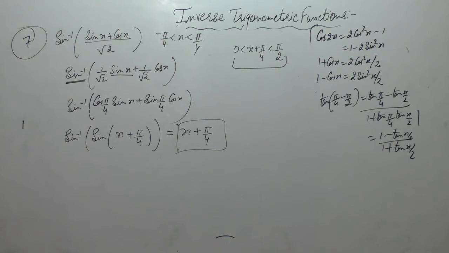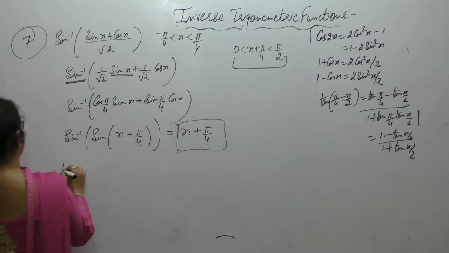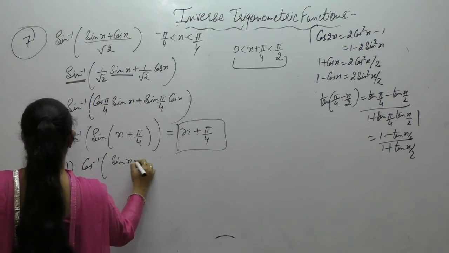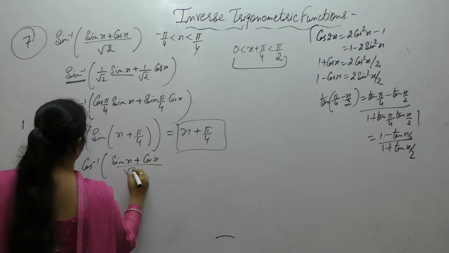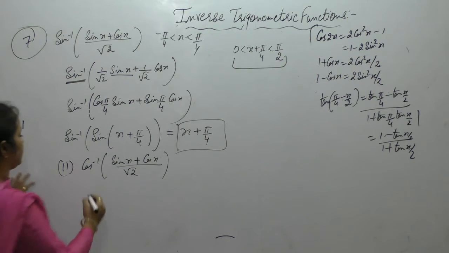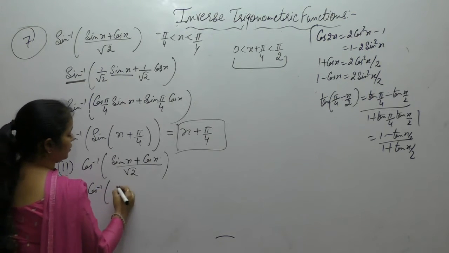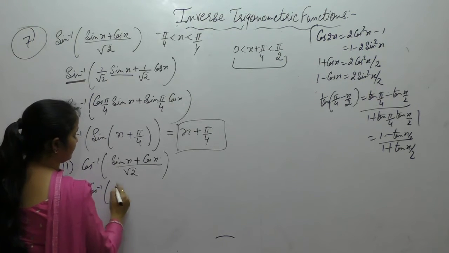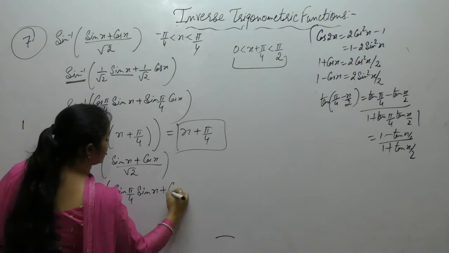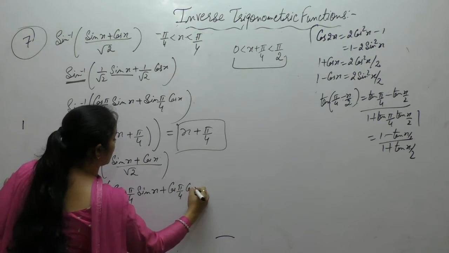This is the second part. Cos inverse of (sin x plus cos x) by root 2. Similarly, cos inverse of 1 by root 2, here is sin pi by 4 sin x plus cos pi by 4 cos x.